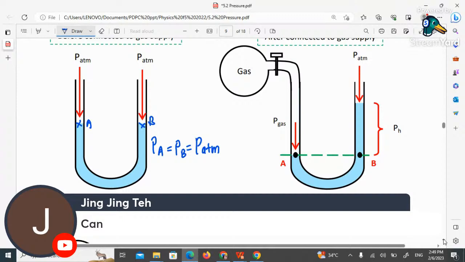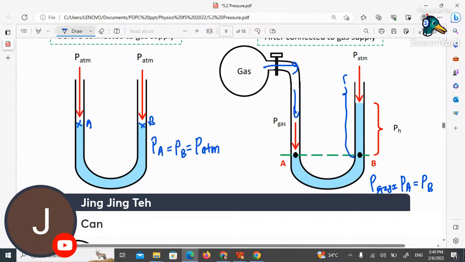Once you let the gas get into the manometer, the gas flows here. So the pressure of the gas equals the pressure at A equals the pressure at B. That is the concept here. What is the pressure at B? Everything above the point.